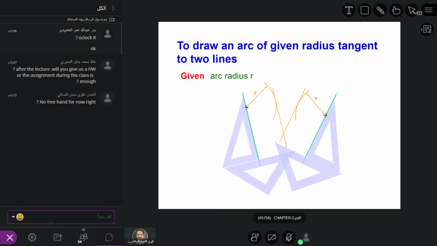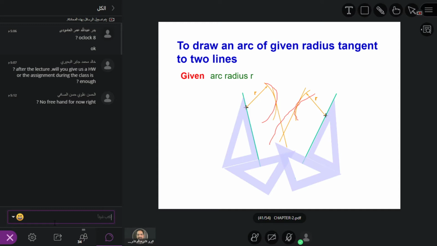So to draw an arc of given radius tangent to two lines, now you have to draw the arc with a given radius R, tangent to two lines. To draw the tangent, it's very easy. This is the line. With the radius R, make an arc, and then by using the tri-square parallel to this line, move and draw the tangent.